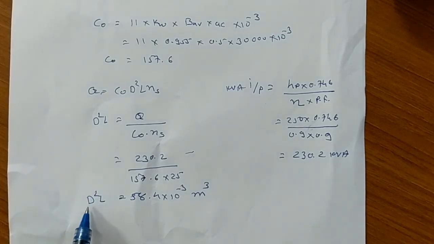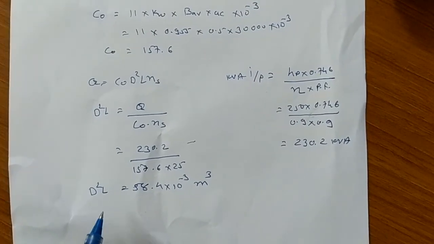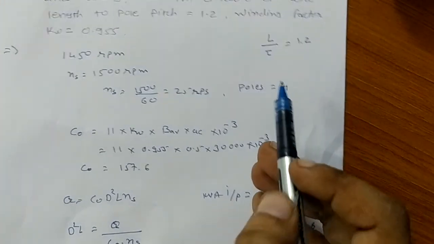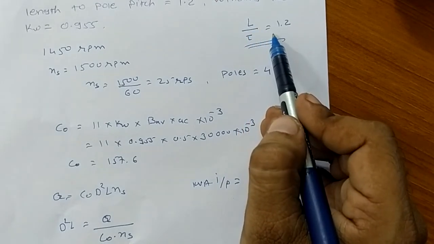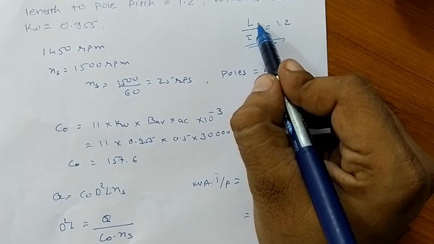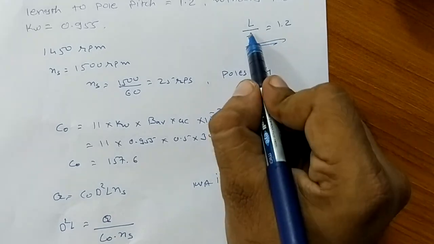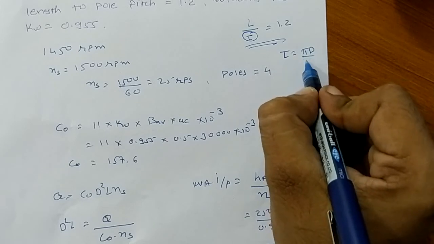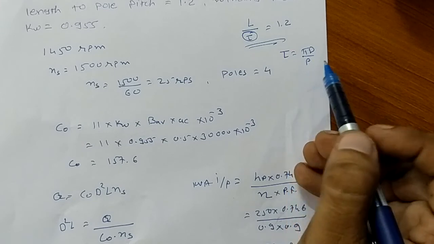But now we need to separate these D and L because they are the main dimension of the machine. So how do we do that? For that some hint will be given in the example. In this example, it is given that L by tau is 1.2. So how do we separate capital L and capital D from this equation? Over here we can put the value tau is equal to pi into D upon P, where D is the diameter and P is the number of poles.